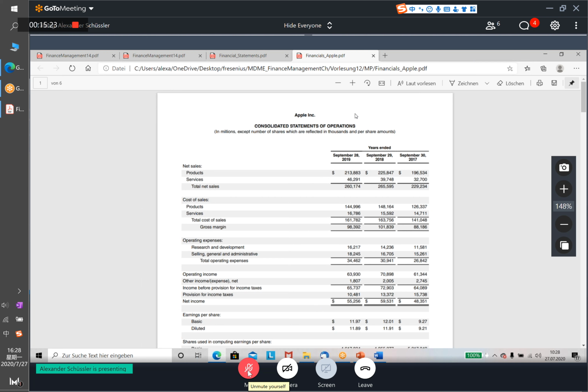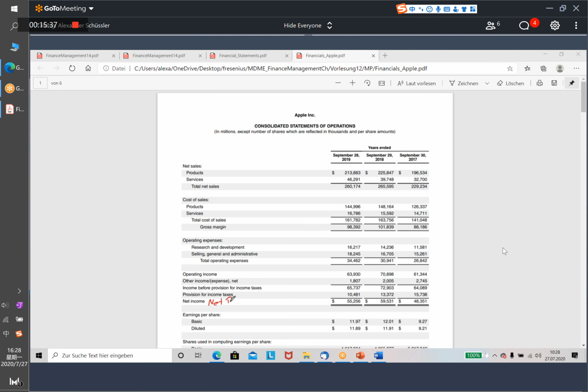Calculating the net profit margin. We do it for 2019 again. Net profit margin, or net margin, as sometimes they call it, is net income divided by total sales.